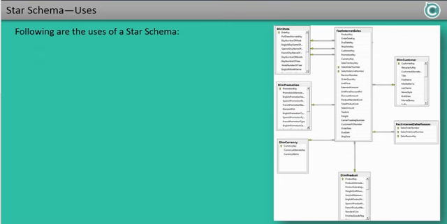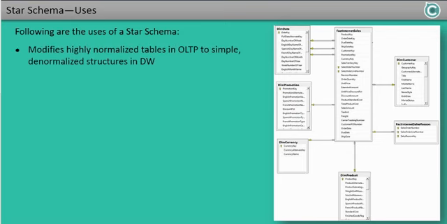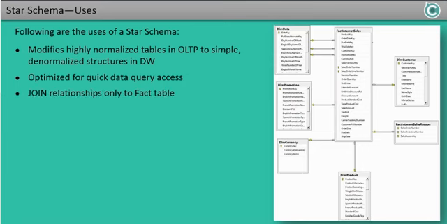The star schema modifies highly normalized tables in OLTP to simple, denormalized structures in data warehouse. It is optimized for quick data query access. If you note in the diagram, none of the dimension tables are related to each other directly. Instead, they all only use a join back to the fact table only.